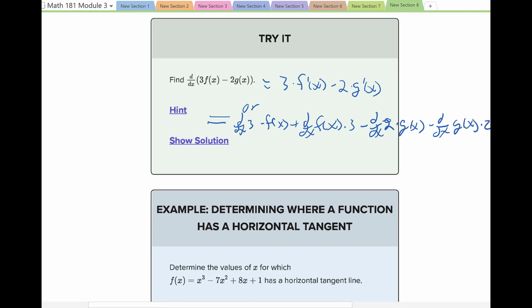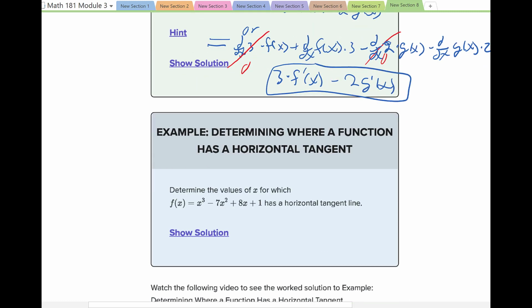So the first one is 0, and this one is 0. And so what we're left with is 3 times the derivative of f of x, so 3 times f prime of x, minus 2 times g prime of x. Okay, there's the long way if you want the long answer versus a short answer.